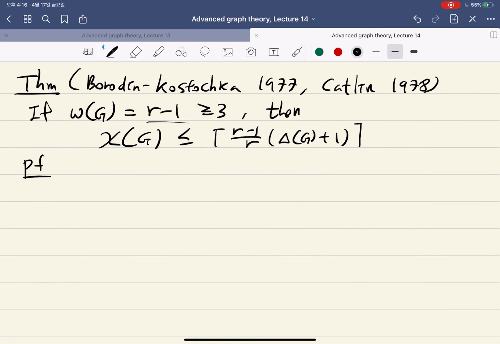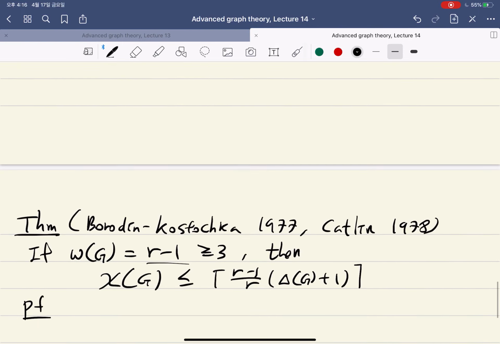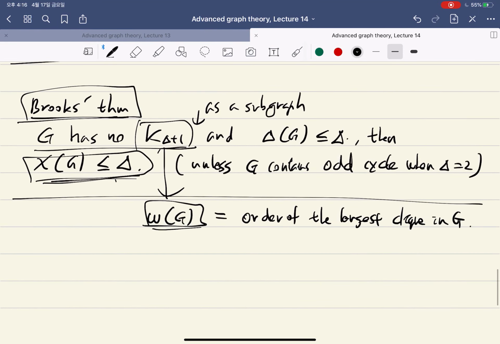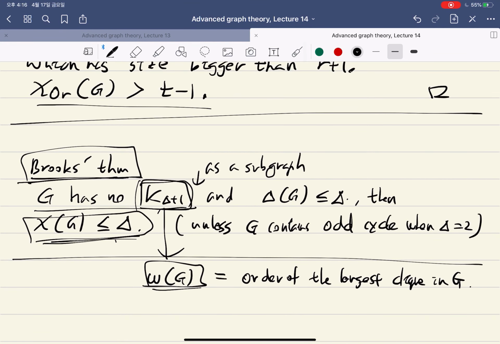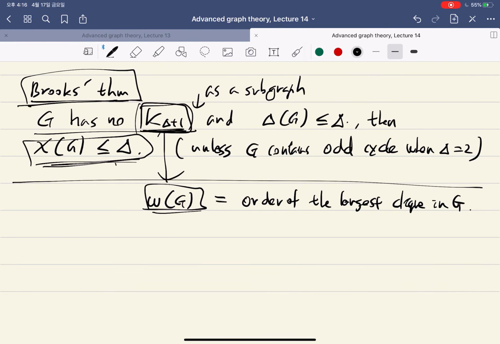And how do we prove this statement? In here, Brooks' theorem says that if we have some graph which doesn't have a large clique, then we can improve this by 1.